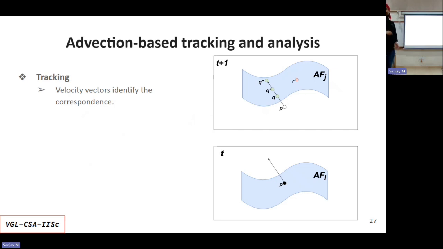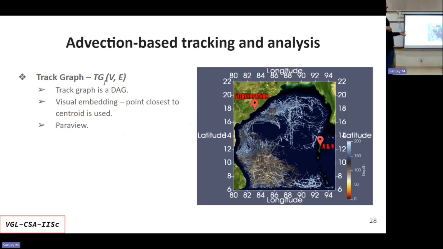If all those points belong to another advection front in the next time step, we say there is a correspondence between them. We consider these as edges and create another track graph, where advection fronts are nodes and correspondences are edges. To get a three-dimensional point for our embedding, we again find the centroid of the advection front, find the points closest to that centroid, and draw edges.